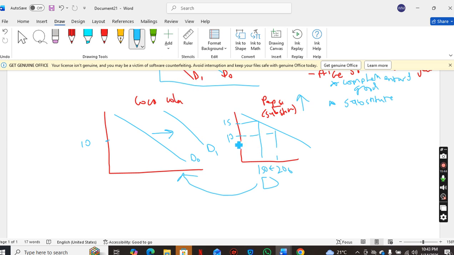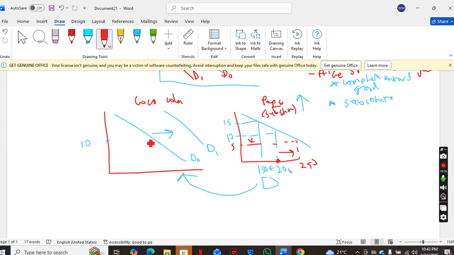If we start again at 10 kwacha each, if the price of Pepsi drops, it means Pepsi is cheaper than Coca-Cola. Okay, we're starting here again at 200. So more people start buying Pepsi. Demand will increase from 200 to 250 because it's cheaper than Coca-Cola, so people are going to buy the Pepsi, right?